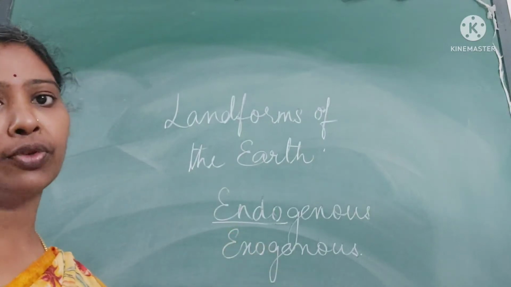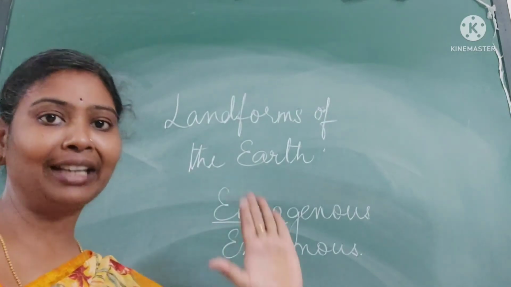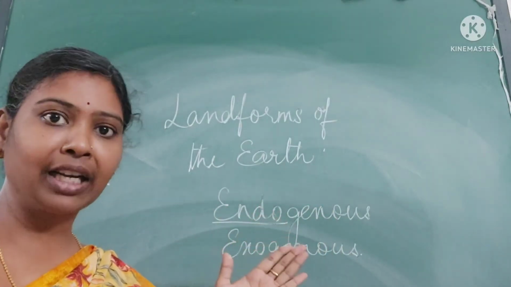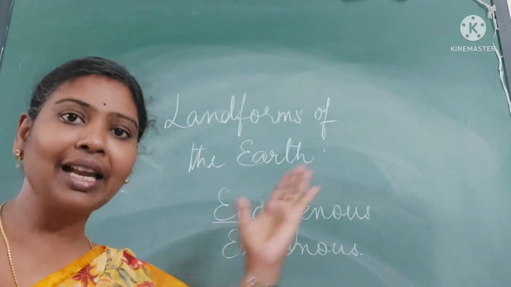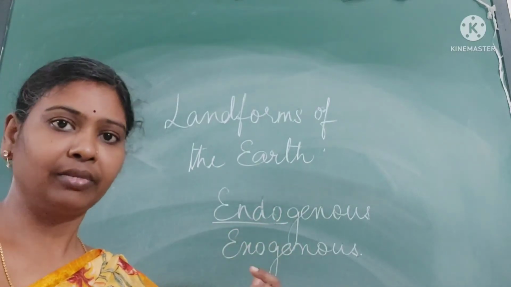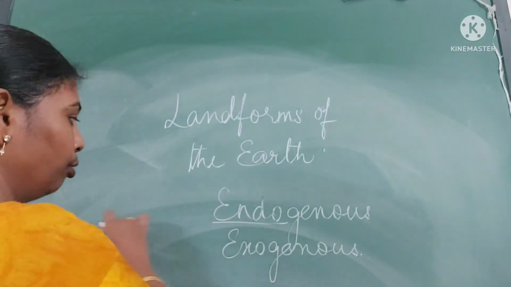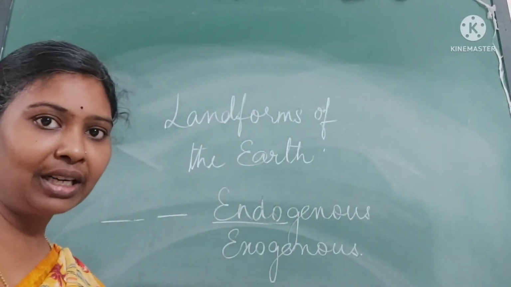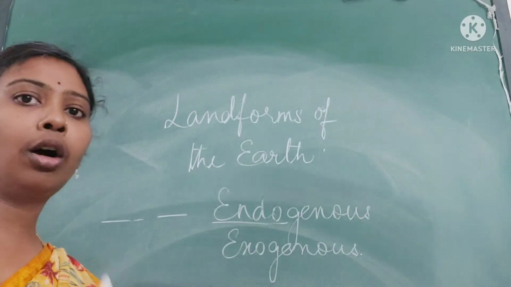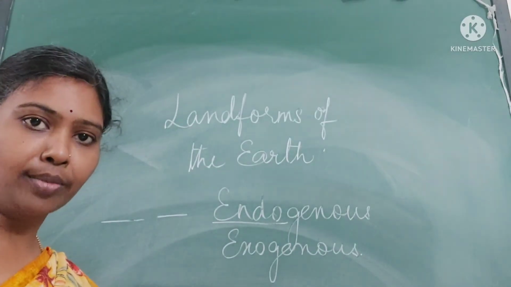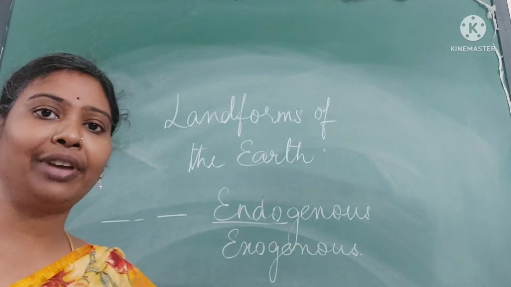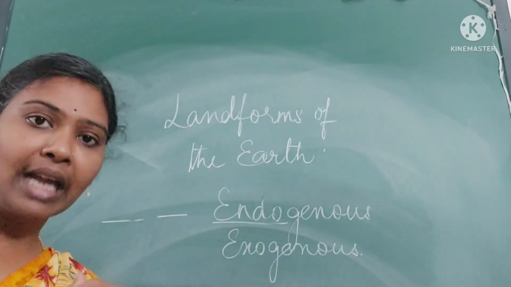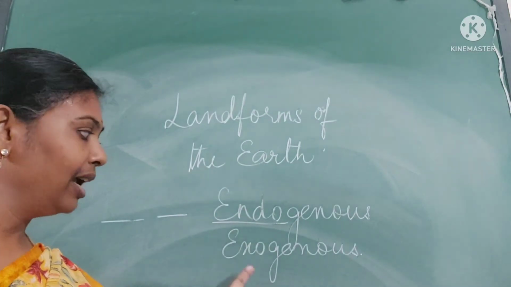So endogenous forces are forces which are acting from inside of the earth, that is plate tectonics. So movement of plates inside will be the cause of different landforms. We'll see what type of landforms we will be getting when the plates are moving, right?